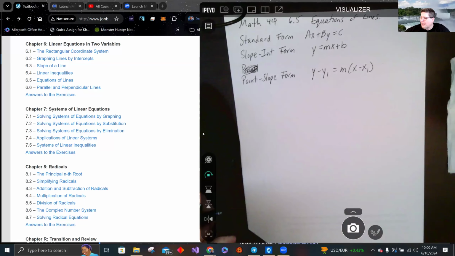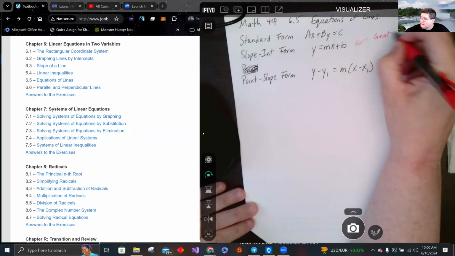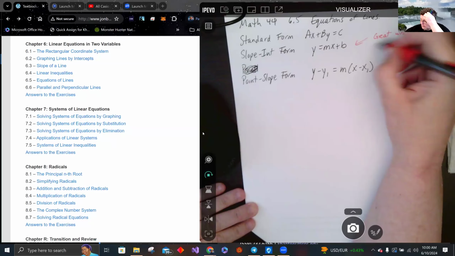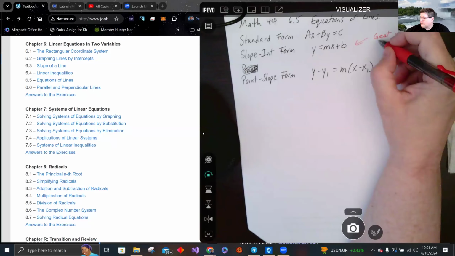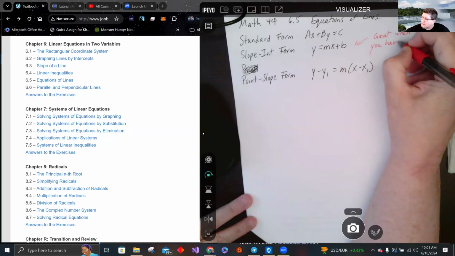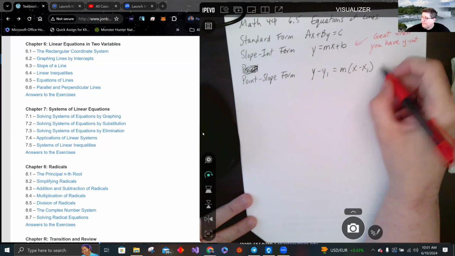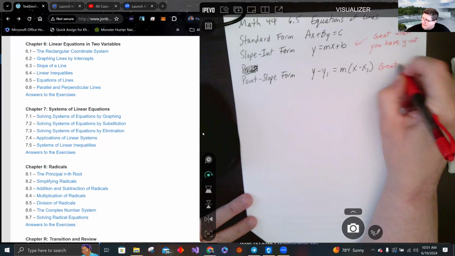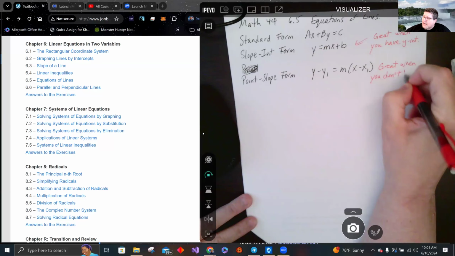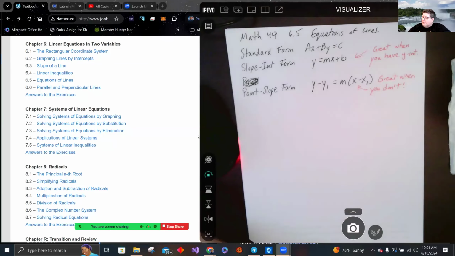This is great when you have the y-intercept. And this is great when you don't. And what I mean by great is if you don't start with the line.